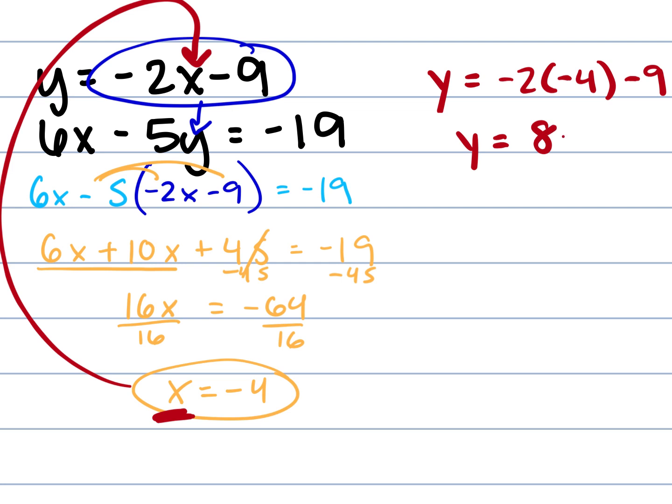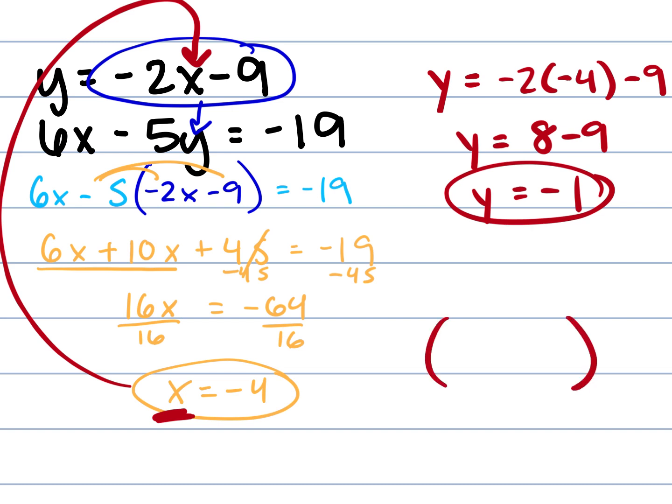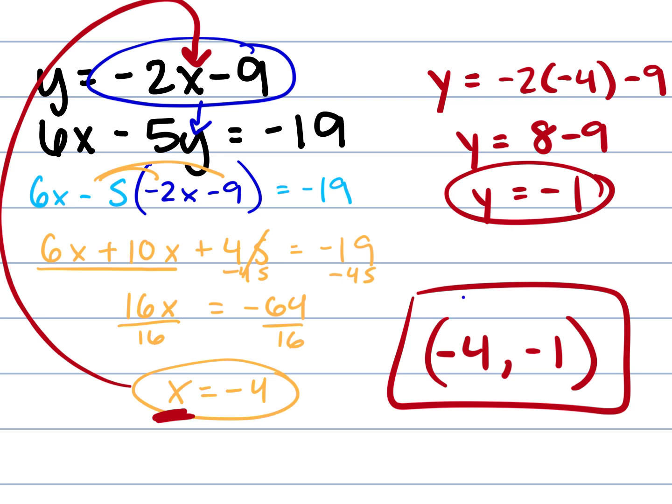So y equals 8 minus 9. What's 8 minus 9? Negative 1. Now we write our answer, since we have an x and a y, as a coordinate point with your x first. The x always goes first, so it's going to be negative 4 comma negative 1. So this would be our answer.